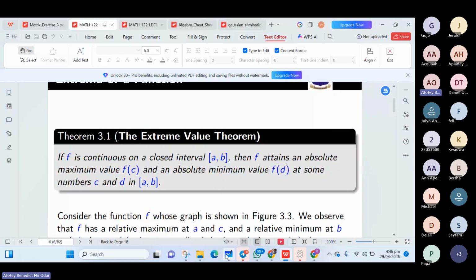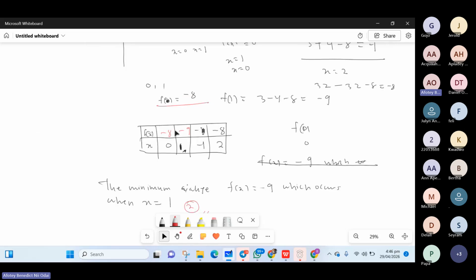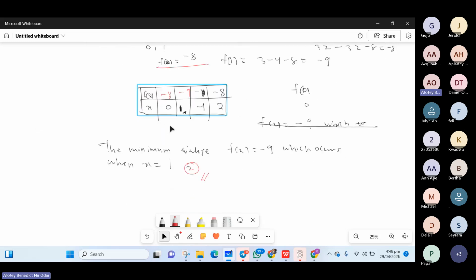So you just replace the a and b with the interval that you've been given, right? It makes full sense. If you are solving things like Fermat's theorem or the mean value theorem, make sure that once you have your answer there, you've almost stated what the theorem is and the caveat.